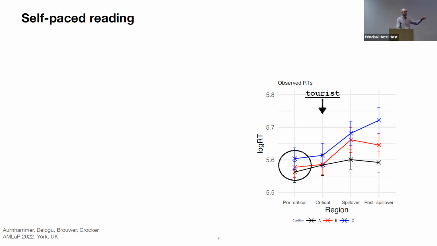The verb differed, and we need to address that because otherwise we may wrongfully assign a plausibility effect to what's actually been happening already before the critical word, right? And we do this by fitting separate linear regression models for each of those regions.